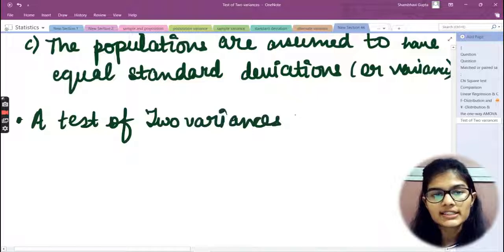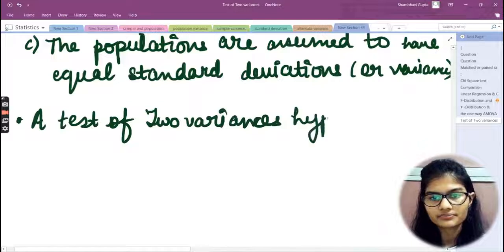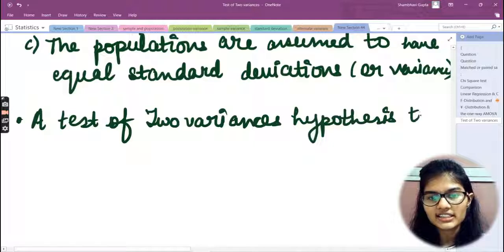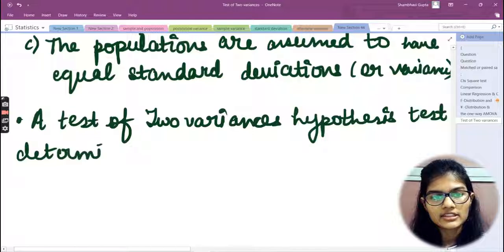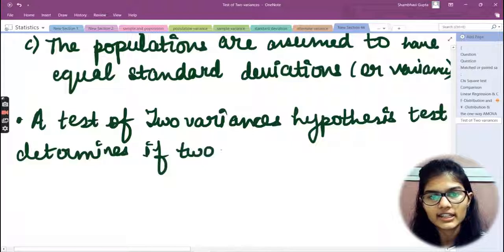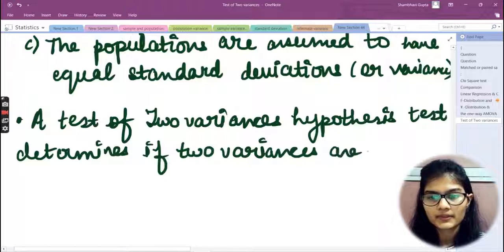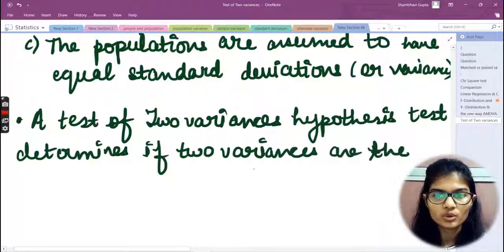A test of two variances hypothesis test determines if two variances are the same. So the test of two variances hypothesis test determines if two variances are the same.